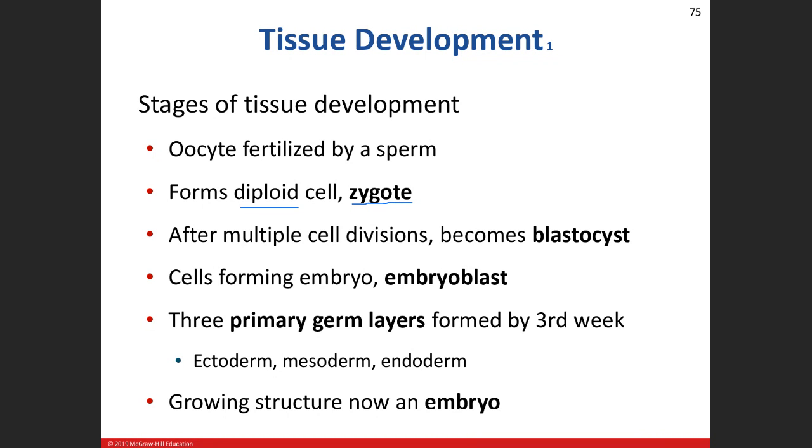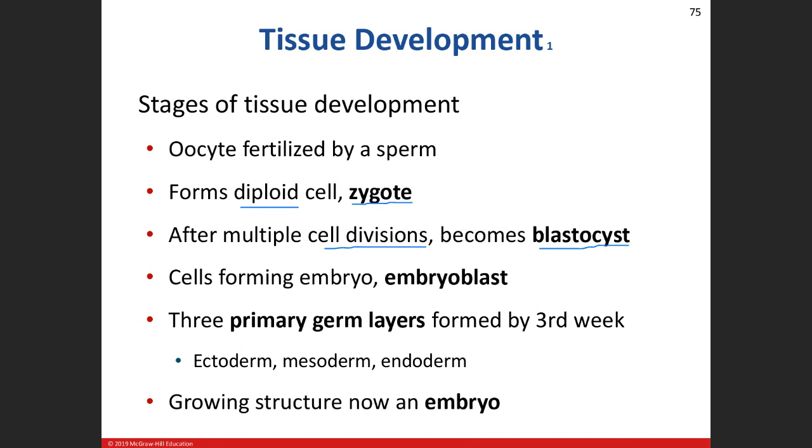The zygote just has one job, and its job is to divide. It keeps dividing and dividing and dividing, and it gets to a certain point of division that we refer to as a blastocyst. Again, it will continue to divide, and eventually it will form our embryo, and we call that an embryoblast.